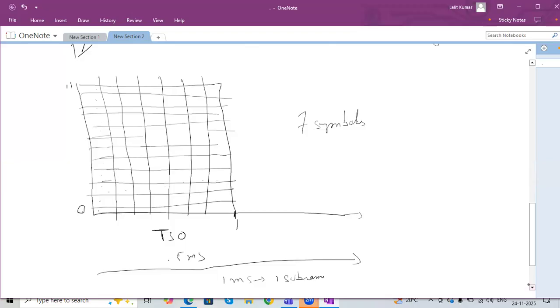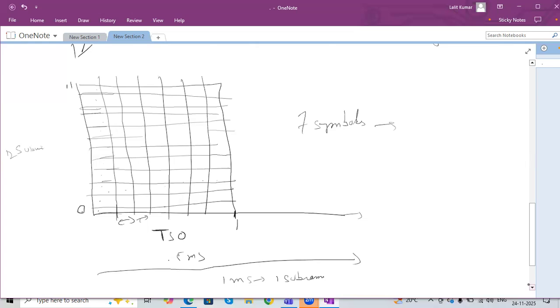No, no. See, it is cutting here, no? This one. So we can say this is in the time domain actually. In the frequency domain there are subcarriers, 12 subcarriers. And in this time domain, there are 7 symbols.